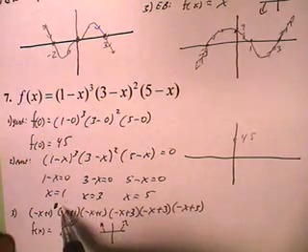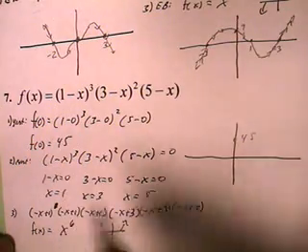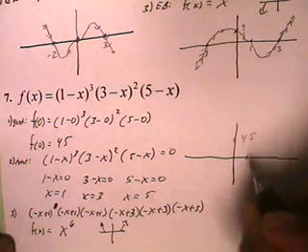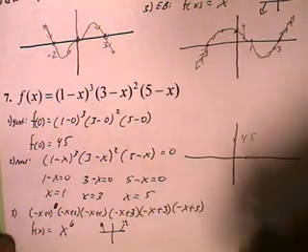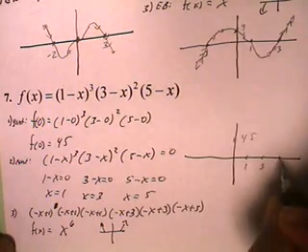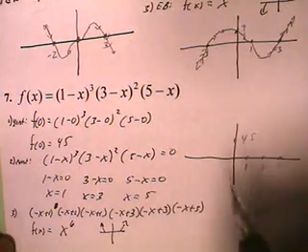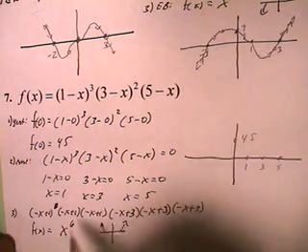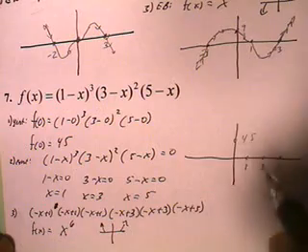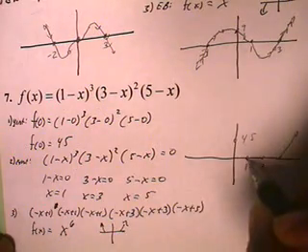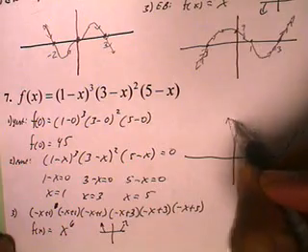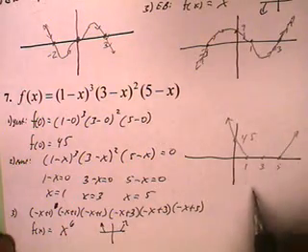And then my x-intercepts are going to be 1, let's put that here, 3, and then 5. My end behavior: this side will go up, this side will go up. So this side goes up here, and this side goes up here, and it'll also go through the y-intercept. Okay, so those are my end behaviors.